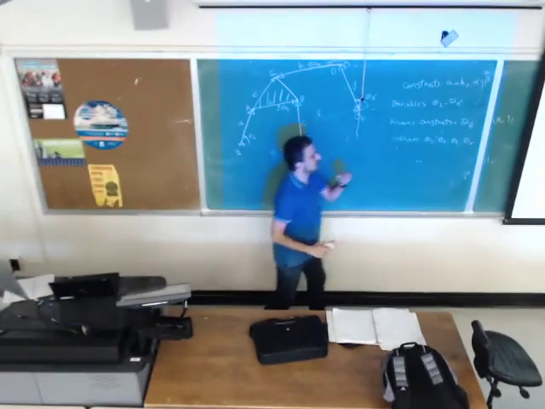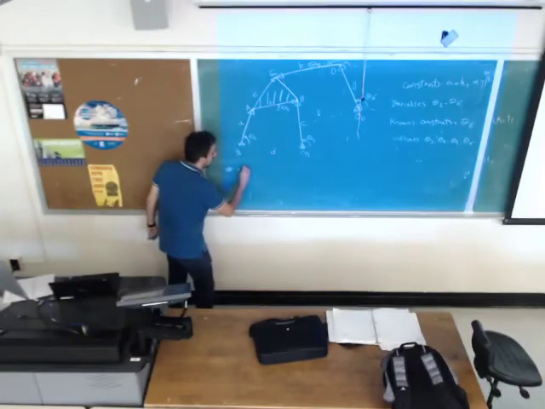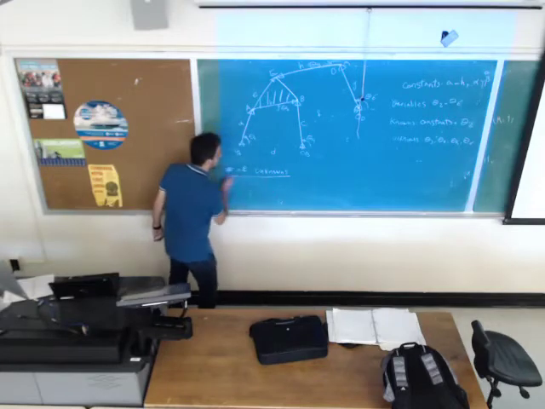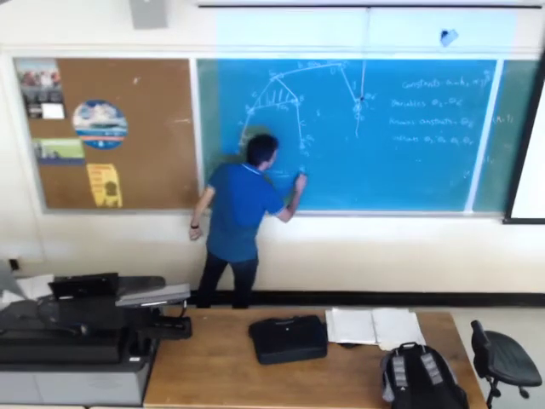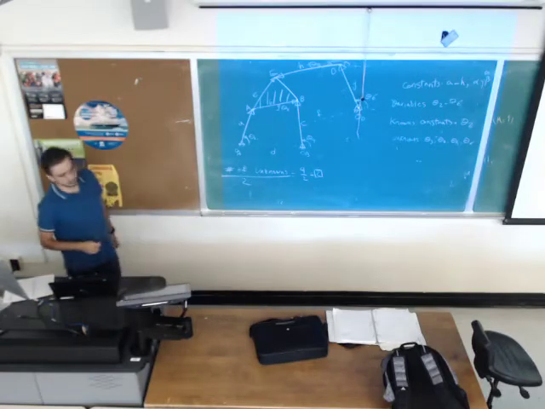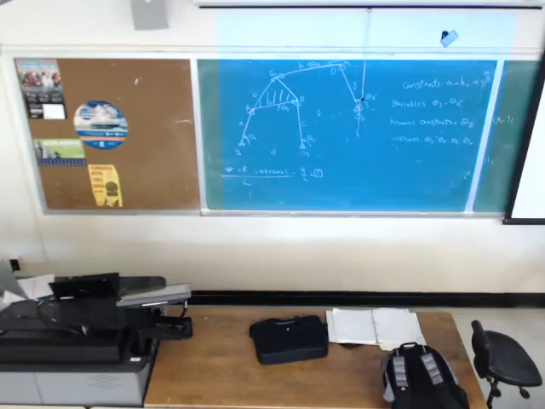So I look at this 4-bar mechanism, OA, A, B, and OB. So I'm writing loop 1 as OA, A to B, B, OB, and OA. So this is the loop.